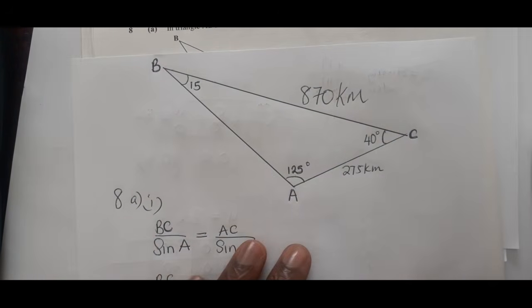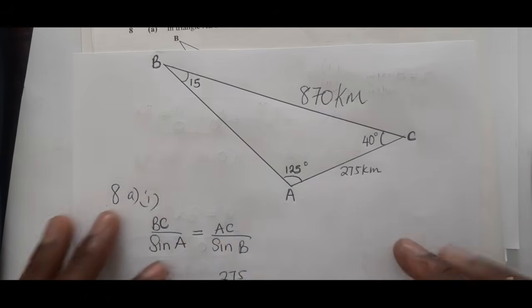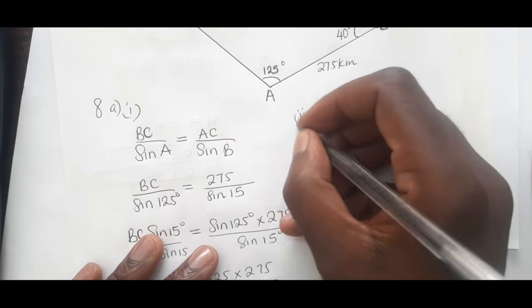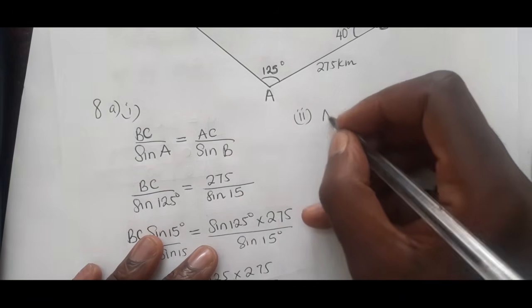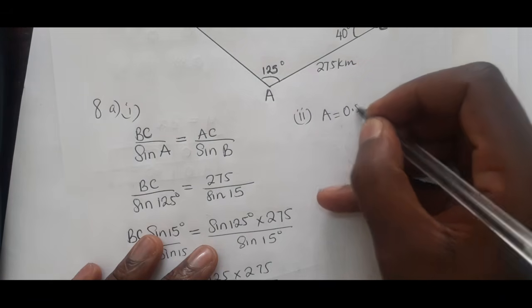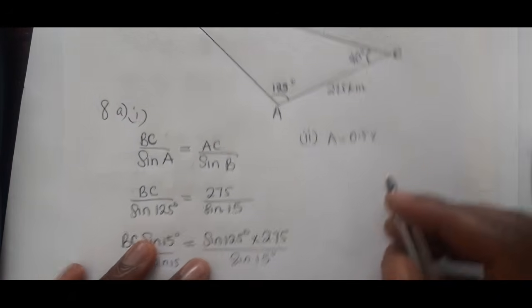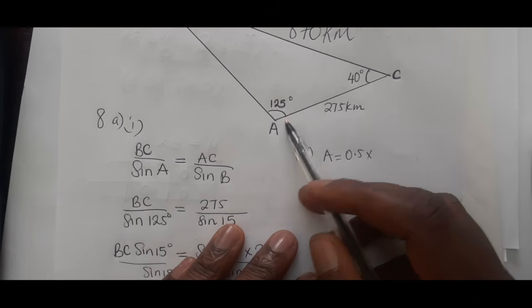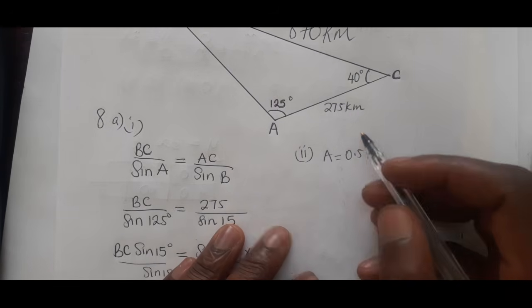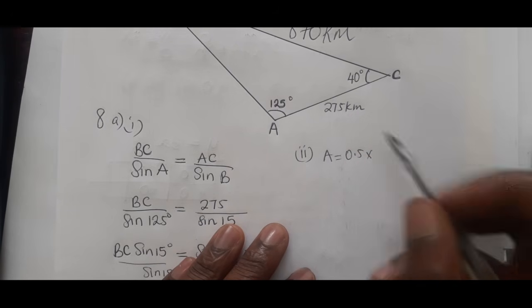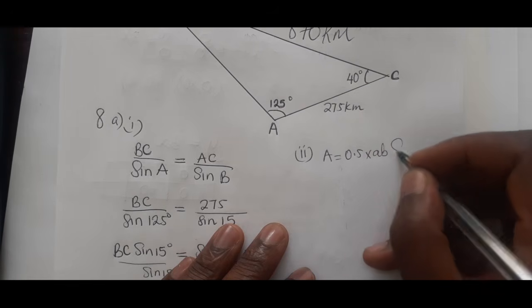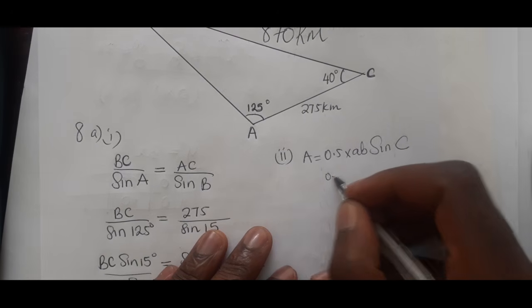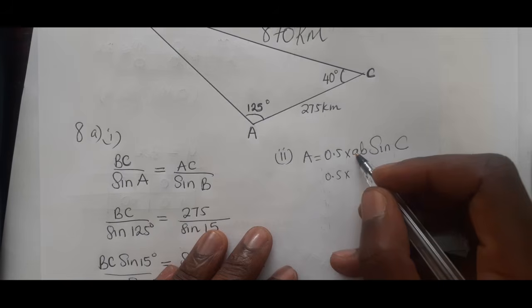So when we want to find the area, we always say 0.5, in this case the same as 1/2. Then we are going to use which two sides? A, B, sine C.